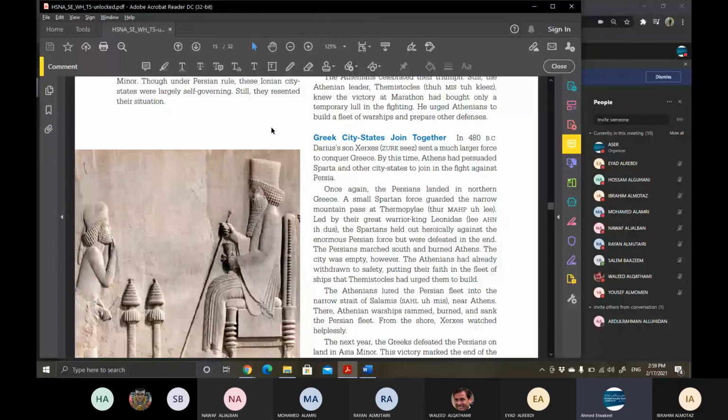But unfortunately, he was defeated. Later, his son Xerxes himself took control of 1 million Persian soldiers, and they headed toward all of the Greek city-states in order to invade them. But luckily they all gathered their powers and made an alliance, and they stood in his face and could defeat him. Any questions so far?